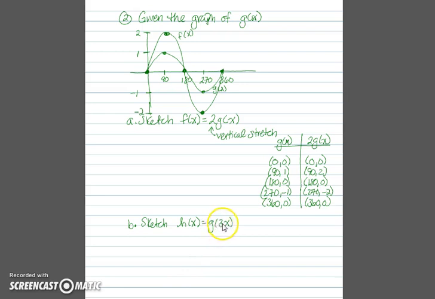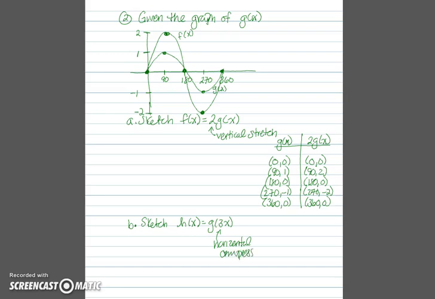So notice I'm multiplying x, not the entire function. If you multiply the inside of the parentheses, that results in a horizontal stretch or compression. In this case, it's a compression because the value that we're multiplying by is greater than 1.